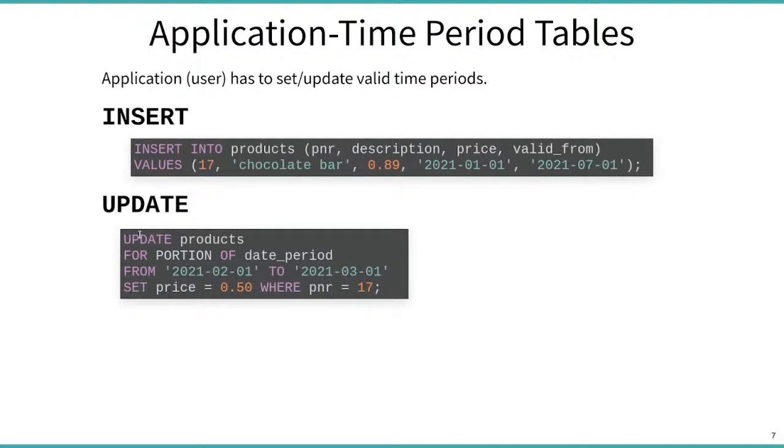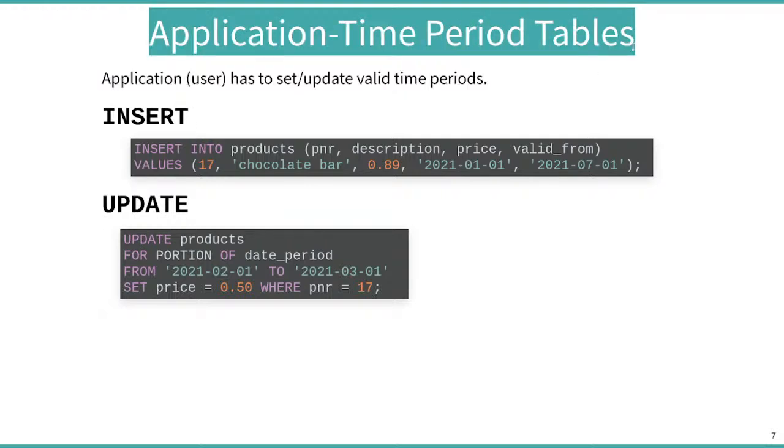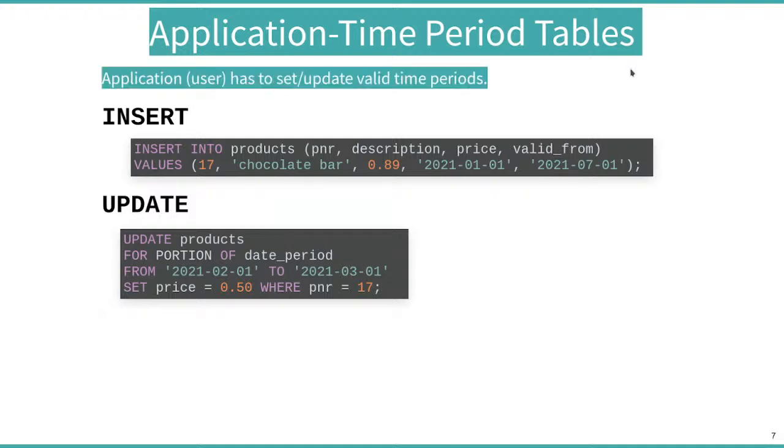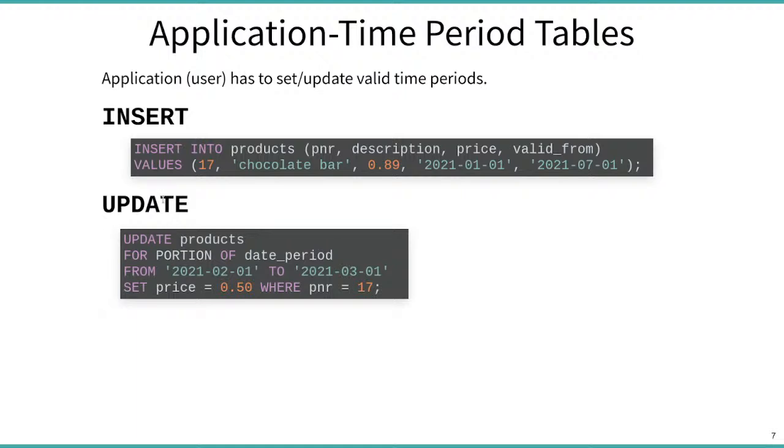When you update, the SQL standard for application time period tables gives you a really nice syntactic sugar, which makes updates possible based on the time periods. So you can say update products for portion of time period.